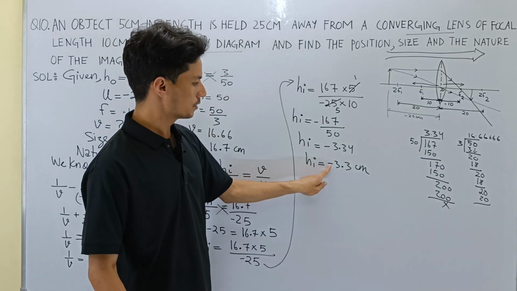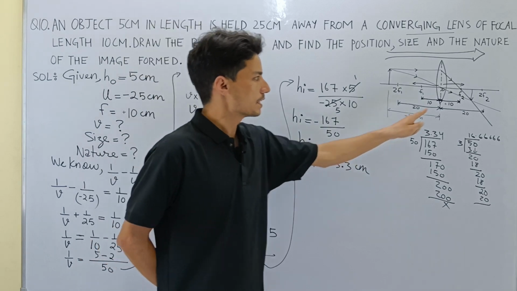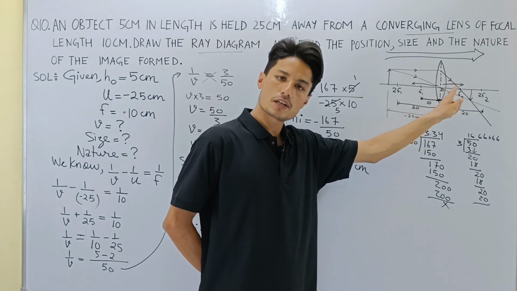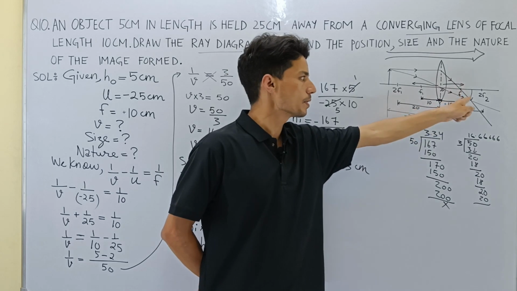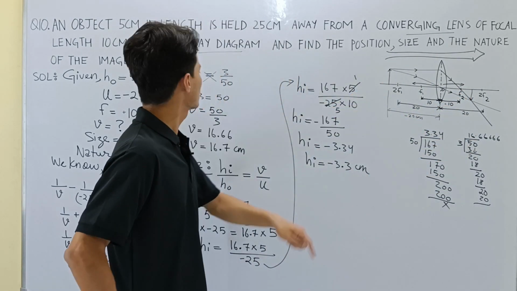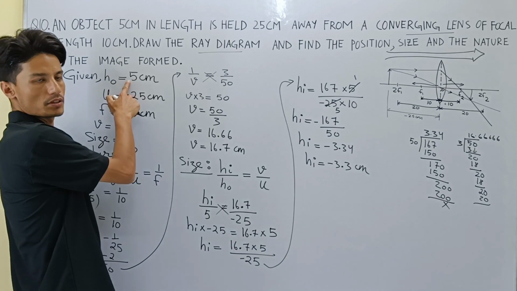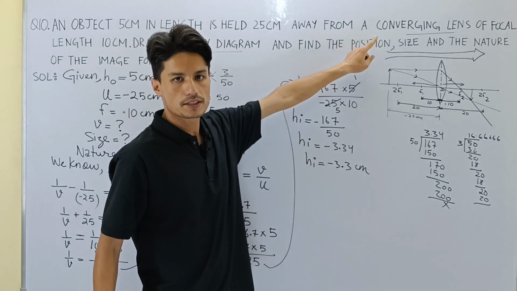Now what do we make of this minus? This minus indicates that the image is below the principal axis. Above the principal axis you will get a positive value. So the height of the object is positive because it is above the principal axis.